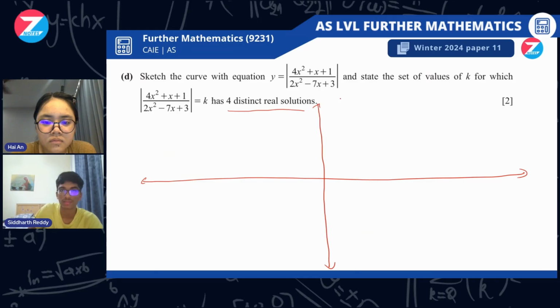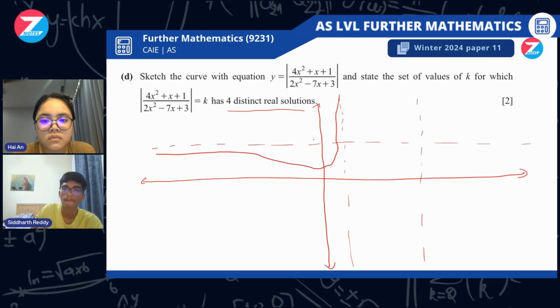We've got the same asymptotes. The only difference is that what was here before just gets reflected onto the top like this.